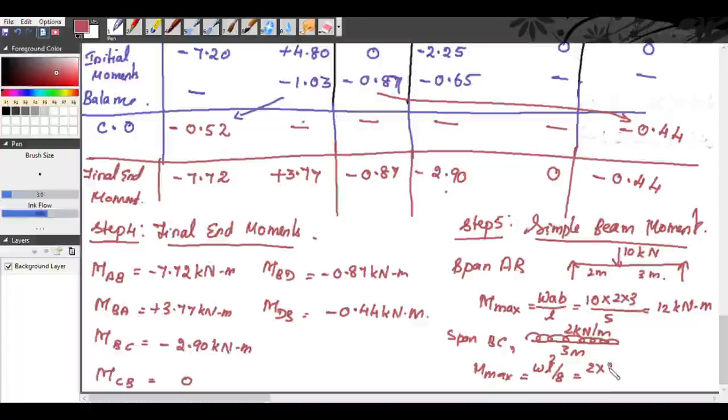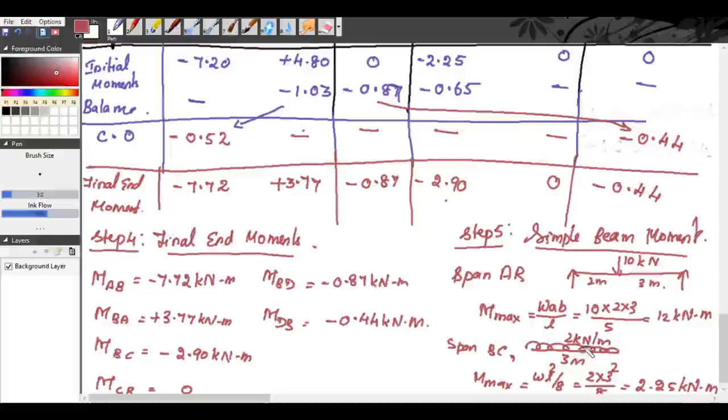So, 2 into 3 square divided by 8, we get 2.25 kilonewton meter. Now, for the span BD, there is no external loadings. So, we don't have any simple beam moments.